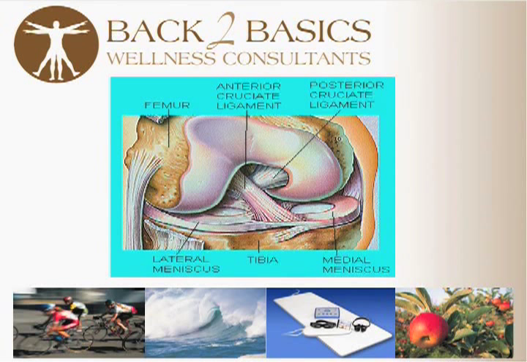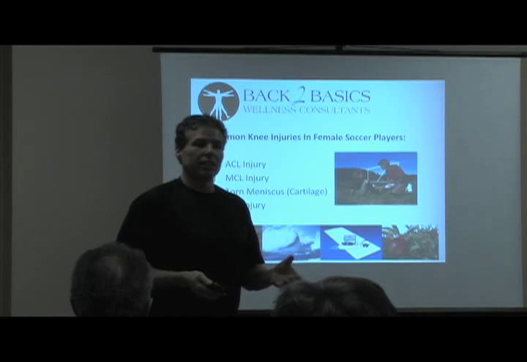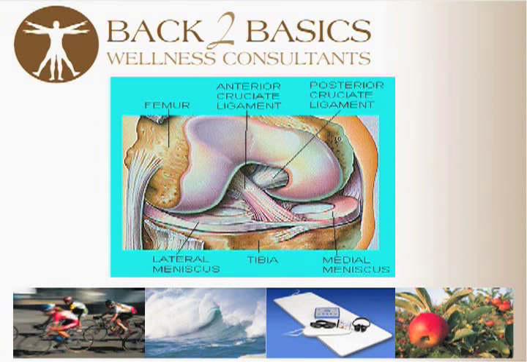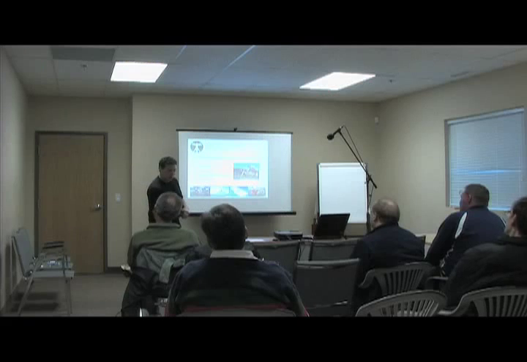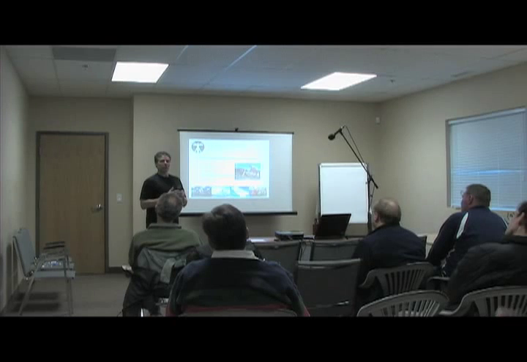So typically what will happen is that these three can make up, if anybody's ever heard of the terrible triad in a knee injury. When you think of the ACL being injured, if there's a tear of the ACL and there's an injury of the MCL and a tear in the meniscus, this is often what happens with a serious rotational type of injury, is all three will tear. And that's what they call the terrible triad.